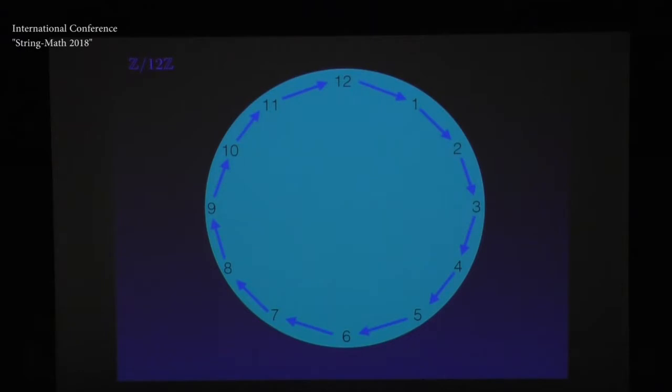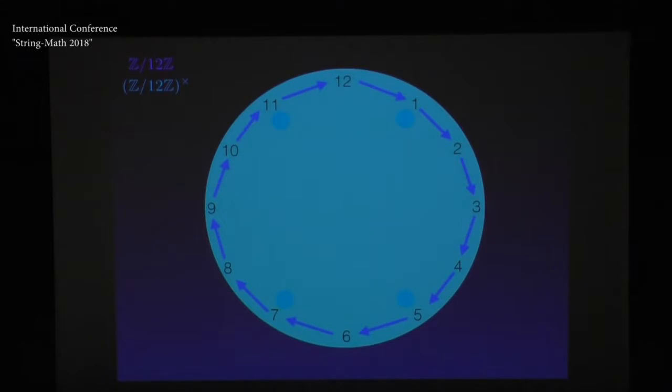Now, Z mod 12Z, if we think of just adding numbers mod 12, is generated by adding 1. And if I add 1 to 12, I get 13, which is 1 mod 12. So I just do mod 12 arithmetic and look at iterating that transformation.